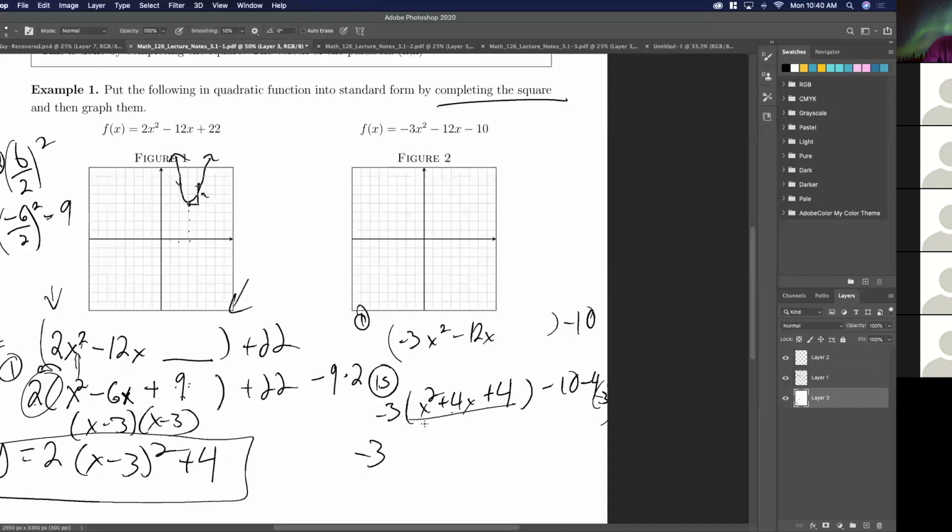If I was going to factor this the old-school way, I'd have x, and the divisors are 2 and 2, which add up to this, so it'd be x plus 2, x plus 2. So I'll have x plus 2 squared. And then minus 10 minus a negative 12 would be plus 2. And so here we have it right here.